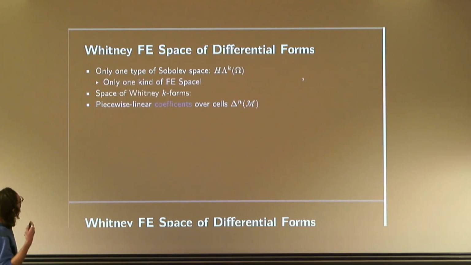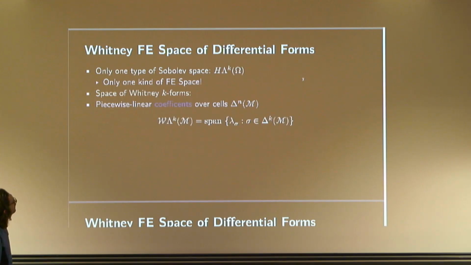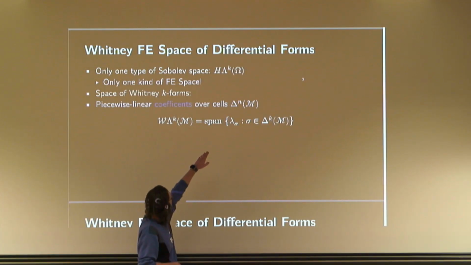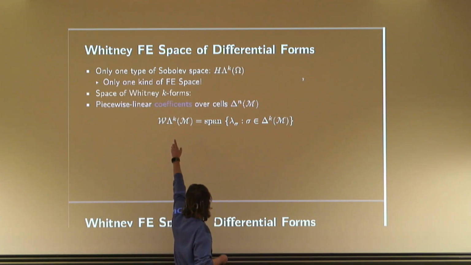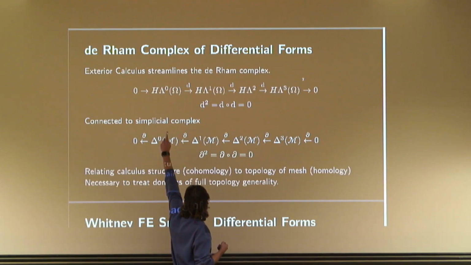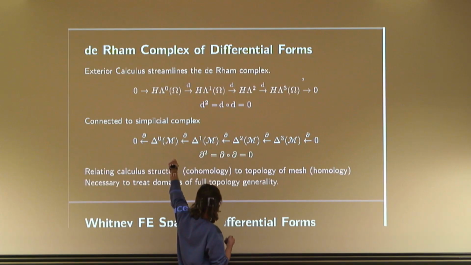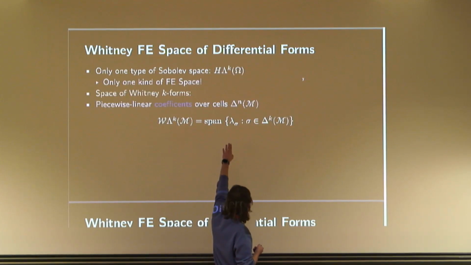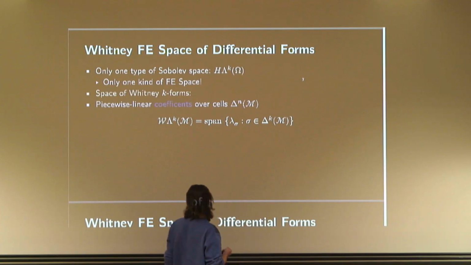These are also just piecewise linear. And we just define it as a span of some basis functions living on the corresponding simplex. So you have this correspondence from the earlier slide between 0 simplices and 0 forms and so on. And this then also tells you where you have to put the basis functions.